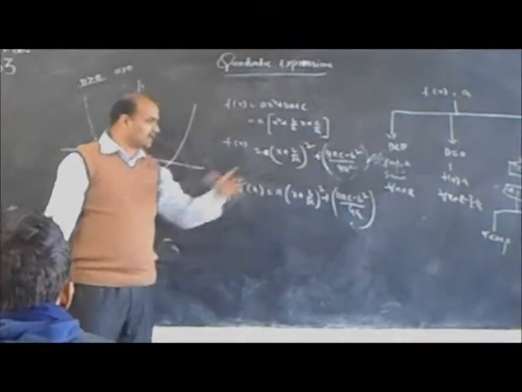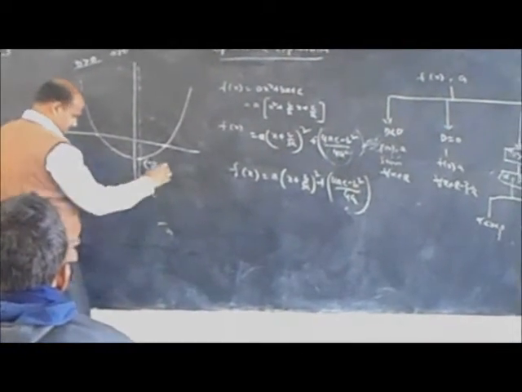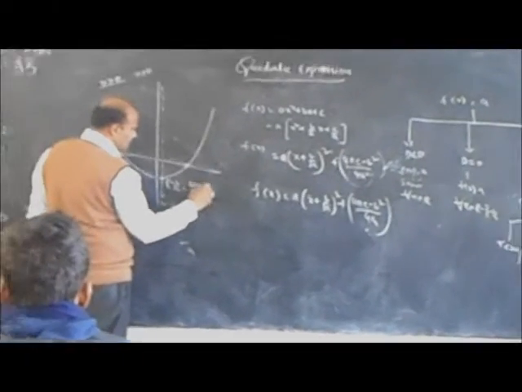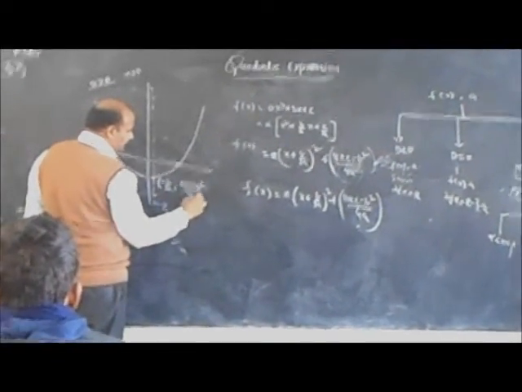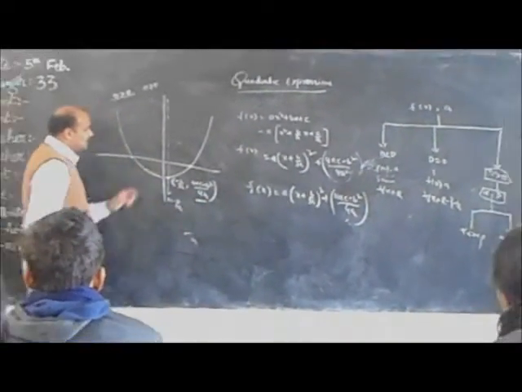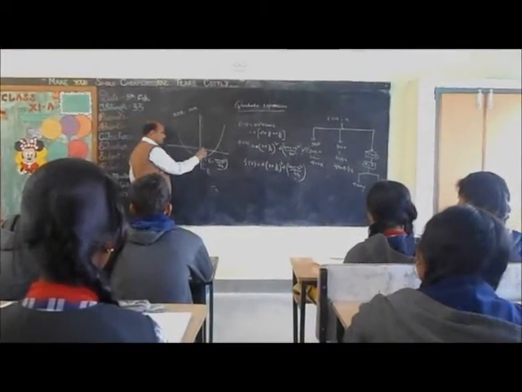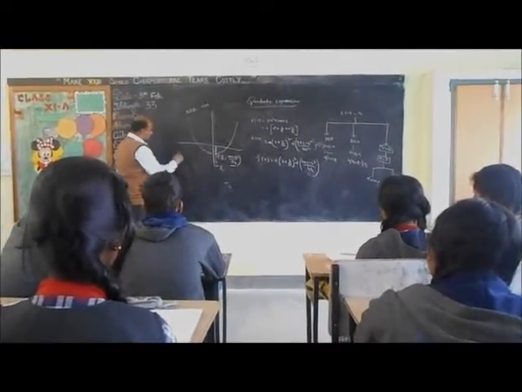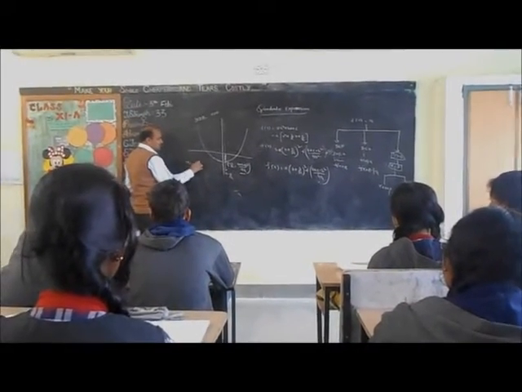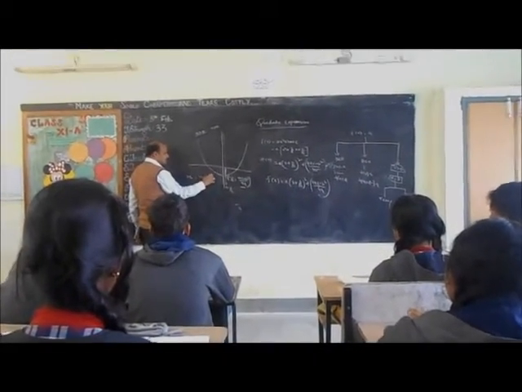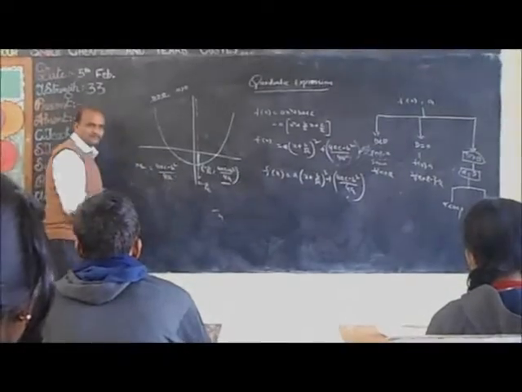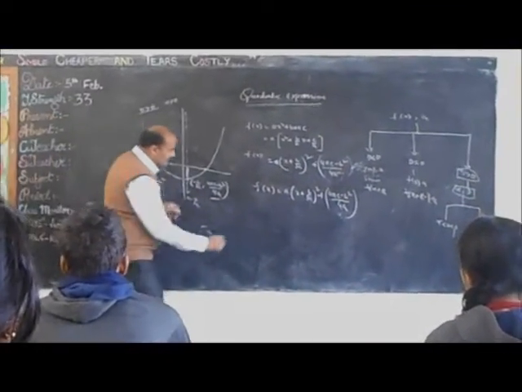So what will you get? What is the value of y? 4ac minus b square by 4a. This is the minimum value of this function. What is the minimum value? So minimum value is equal to 4ac minus b square by 4a.